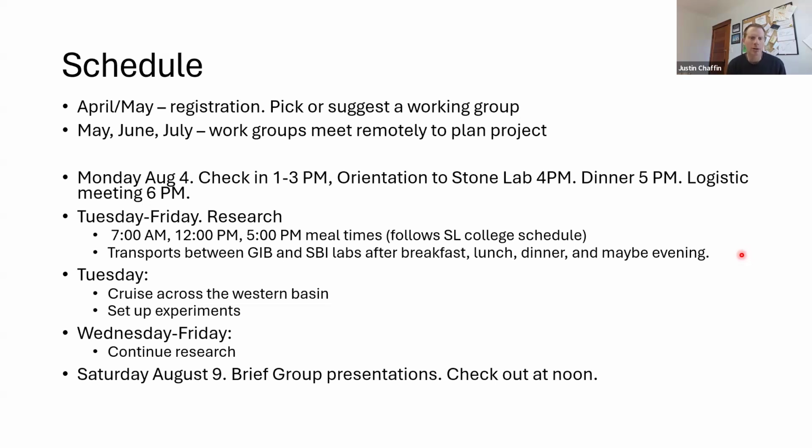So, let's quickly put a generic PowerPoint together to tell everybody what you did, or why you did what you did, hypothesis, methods, and if you have any results, if you're collecting chlorophyll data or nutrient data, which we can generate really quickly, do you have any preliminary results? And then we would check out at noon or after lunch.